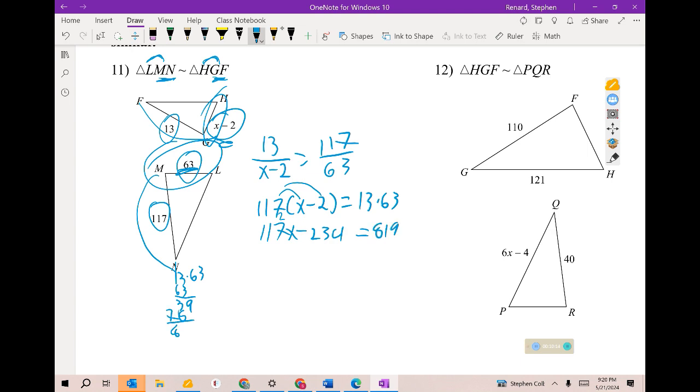819. So we're going to add 234 to both sides. We get 117x equals 1053. Divide both sides by 117.